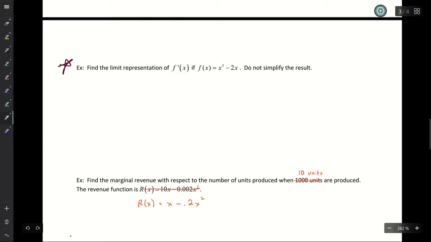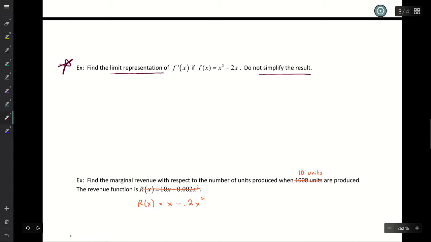So for this one, it's important that they're saying limit representation, which would refer us back to the formula that we just looked at. And so on this particular one, what we're going to want to do is basically use that definition and then plug in the functions that they gave us. And this is a good way to start because it gives us a good setup of these kinds of problems. But once again, this one says do not simplify the result.